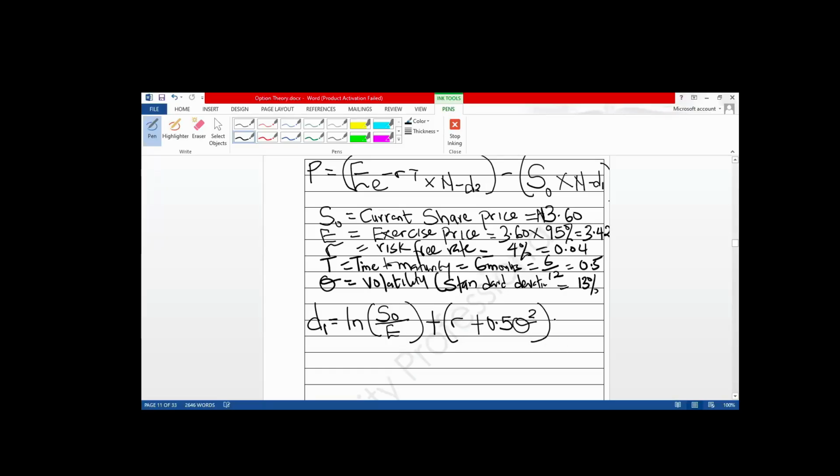Close your brackets, then multiply by T. Everything divided by volatility times the square root of T. Your ln is the natural log on your calculator.